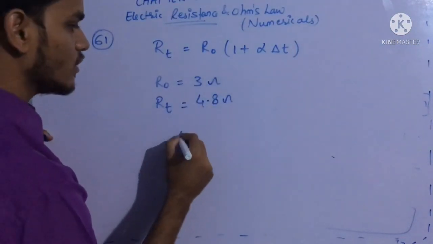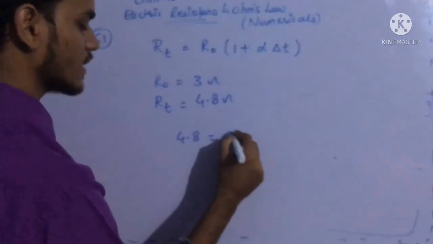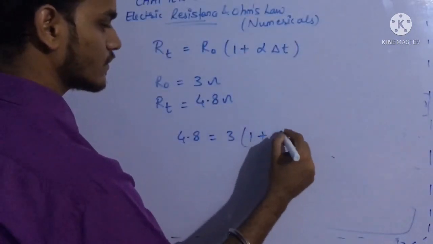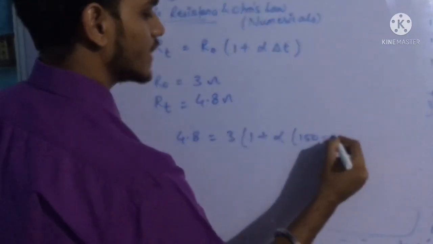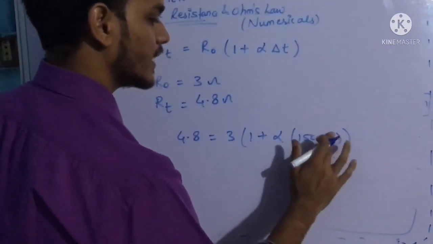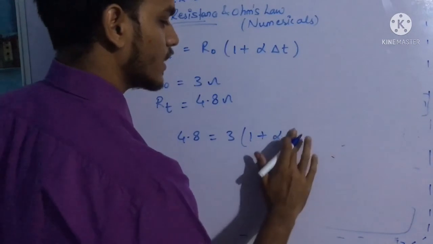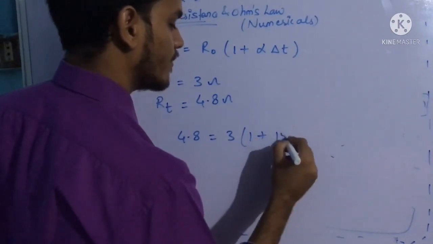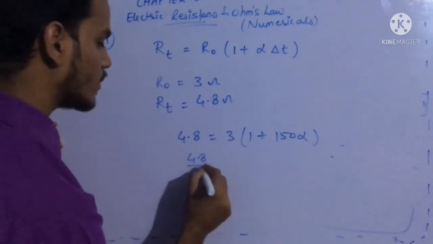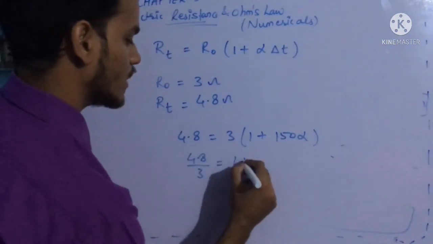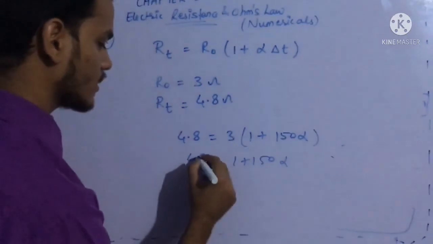So on putting the values in the formula, we will get, what will be delta T? Delta T will be equal to 150 minus 0, that is 150. So it will be 150 alpha. On solving, we will get 4.8 upon 3 is equal to 1 plus 150 alpha.